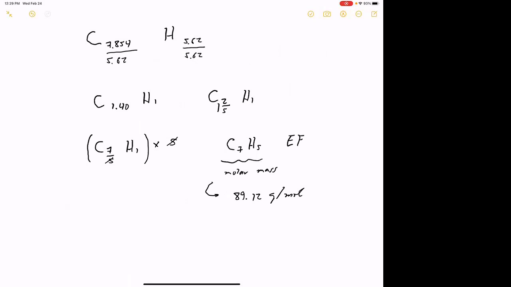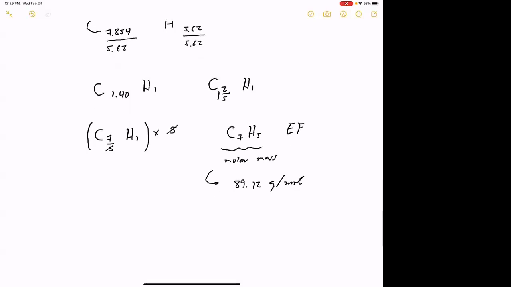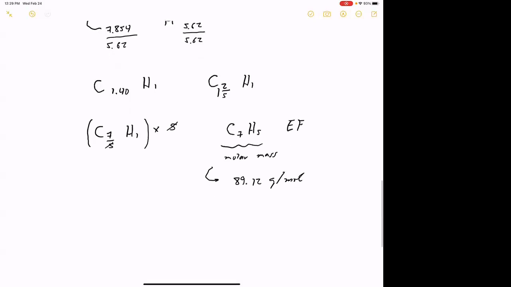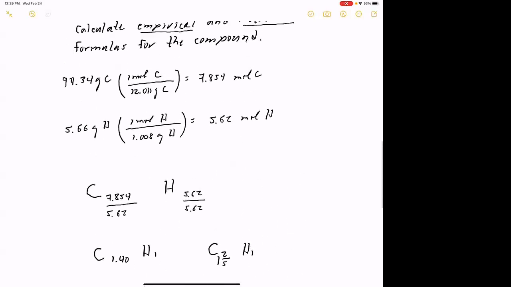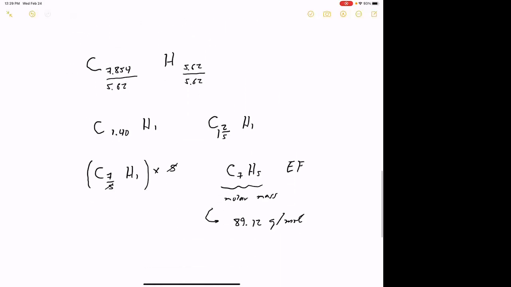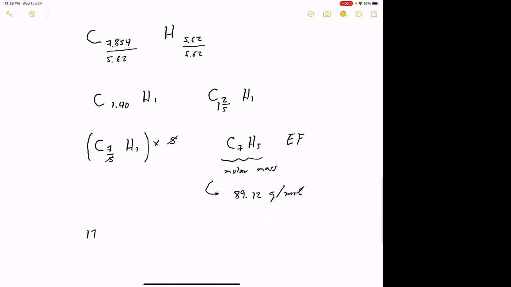So if I want to get back to the actual formula, what I'm going to do is ratio the actual molar mass of the compound to the empirical formula's molar mass. So here's what I've got. What I say it was 178 grams per mole, and that's going to be for the actual.